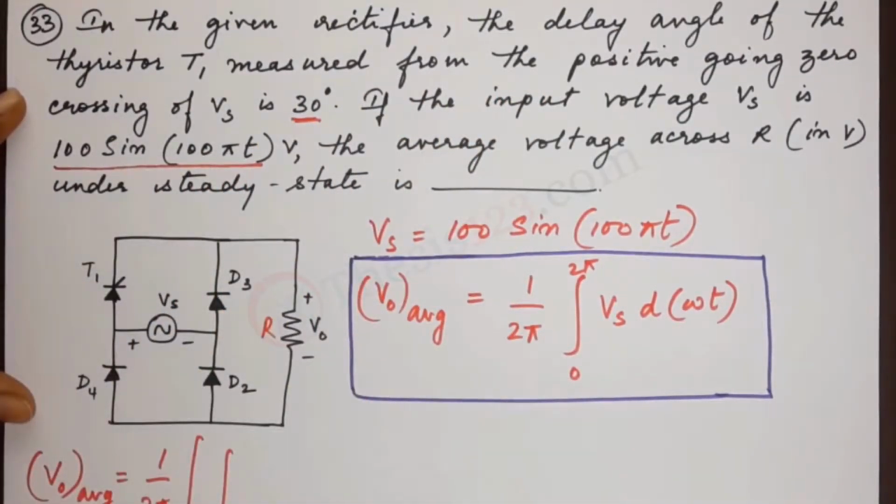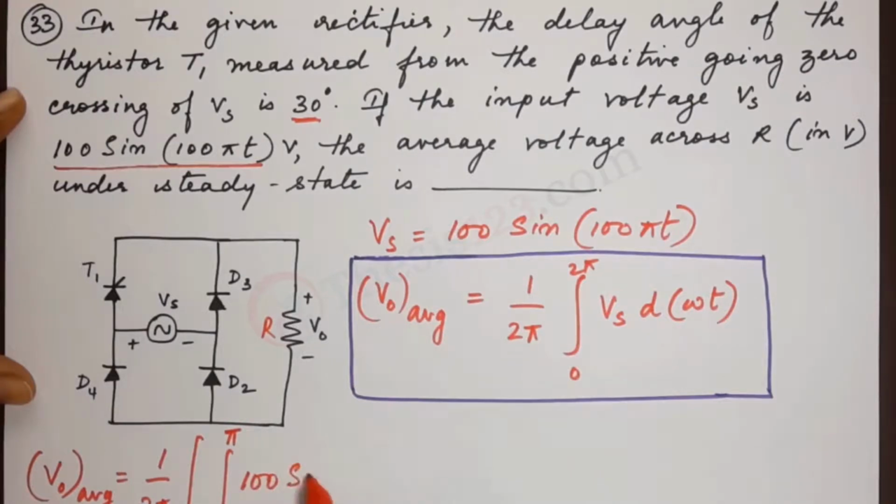So we start with 30 degrees here, pi by 6 to pi. The reason is that the source here is an alternating source, so we have to take care of the positive half cycle and the negative half cycle as well. So we start with 30 degrees to pi.